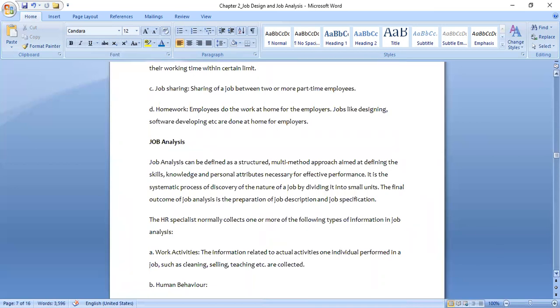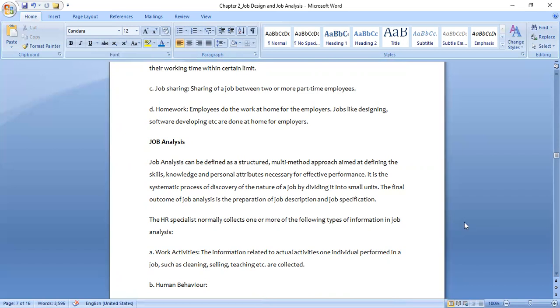Then job analysis. With job analysis, basically it involves specifying the skills and the knowledge that is required for a particular job and also the personal attributes that are required.